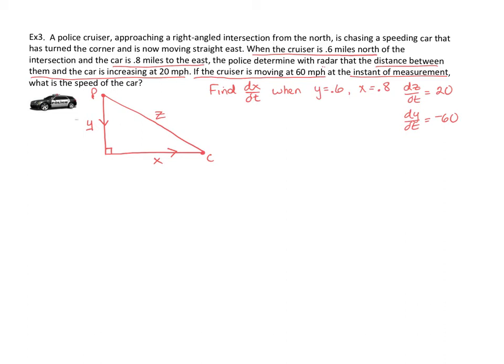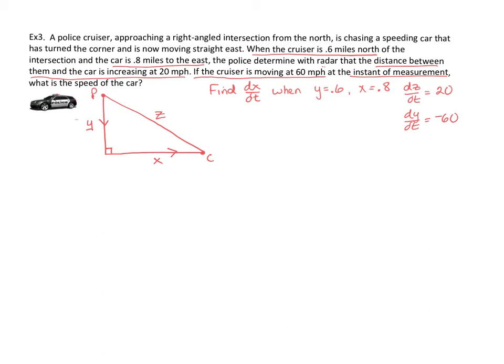Well, that's because the distance between the police cruiser and the intersection is decreasing. If you recall, when we did velocity earlier this year, we said if that distance was decreasing, it's going to have a negative velocity. And so that's the case here with dy/dt.